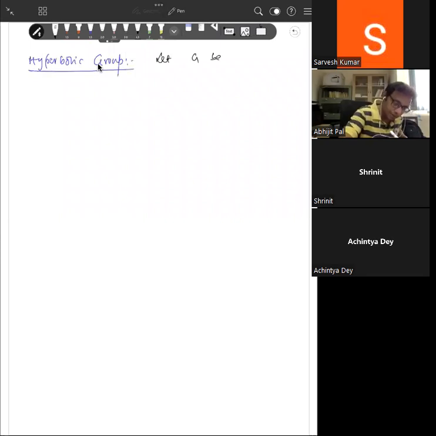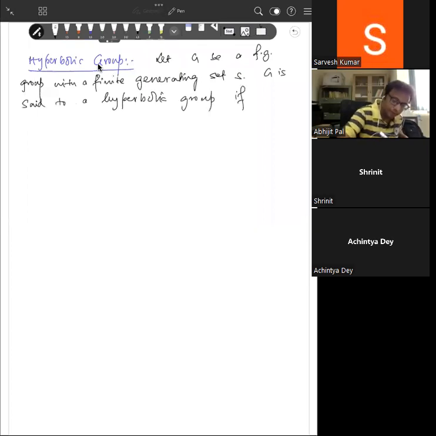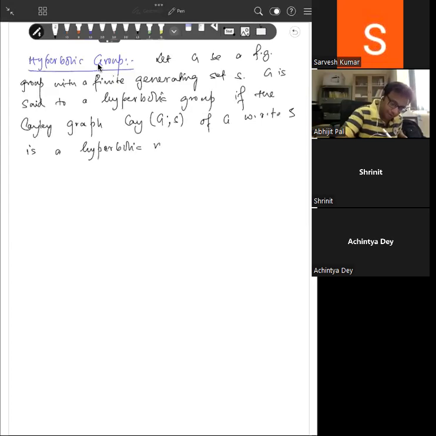Let G be a finitely generated group with a finite generating set S. Then G is said to be a hyperbolic group if the Cayley graph of G with respect to S is a hyperbolic metric space.